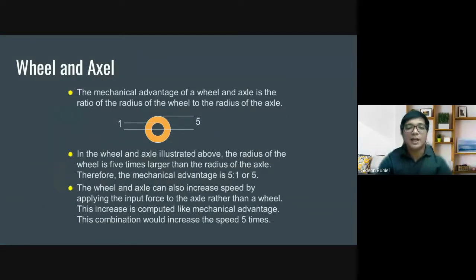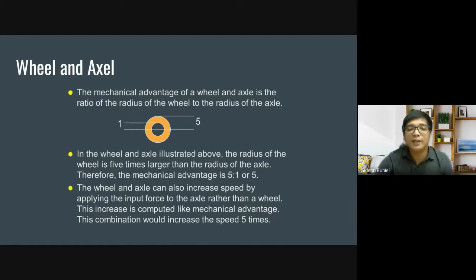The mechanical advantage of a wheel and axle is the ratio of the radius of the wheel to the radius of the axle. In the wheel and axle illustrated above, as you can see, we have the figures 1 and 5. The radius of the wheel is 5 times larger than the radius of the axle.